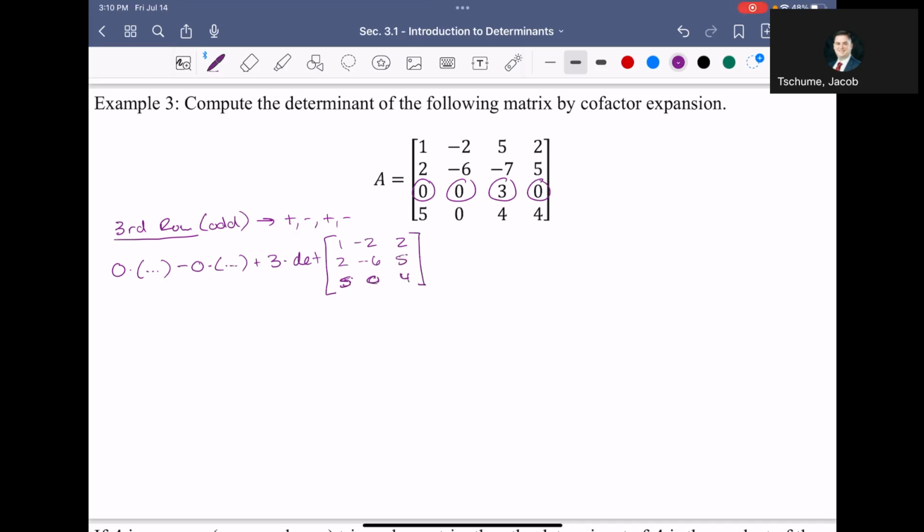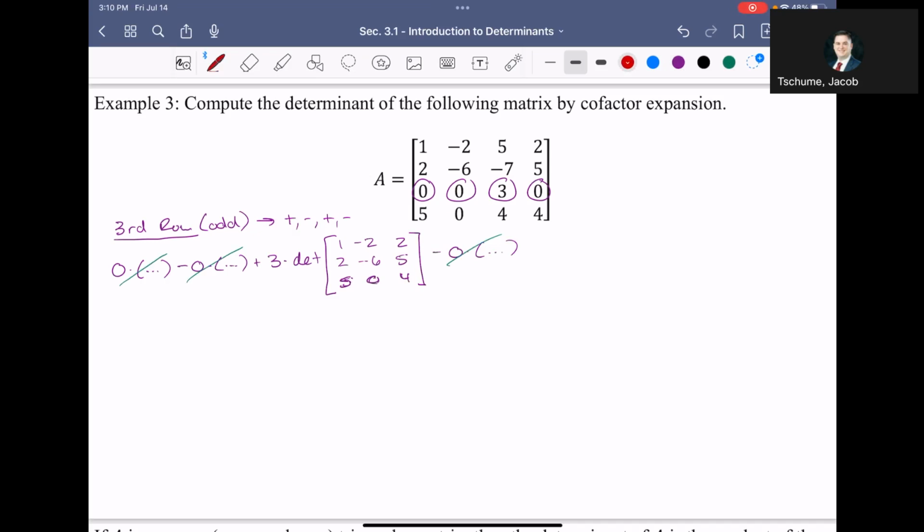Right? And then you've got minus 0 times we don't care. So of those 4 numbers, 3 of them did not matter, and they're going to all go away. And now you can focus your concentration on what's happening with this one submatrix.